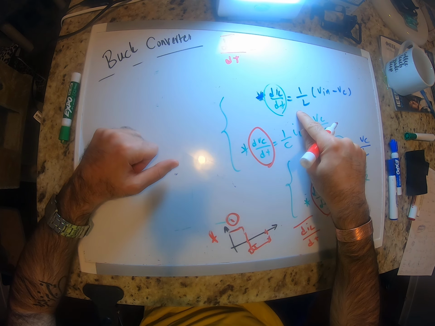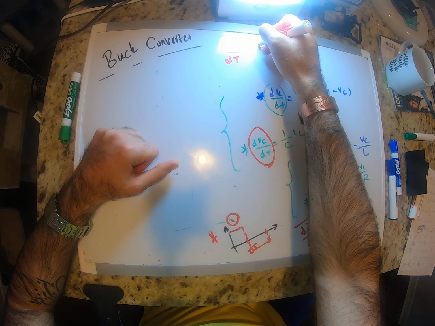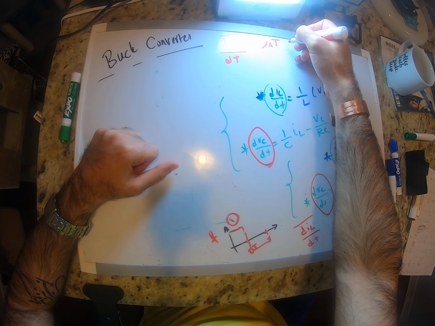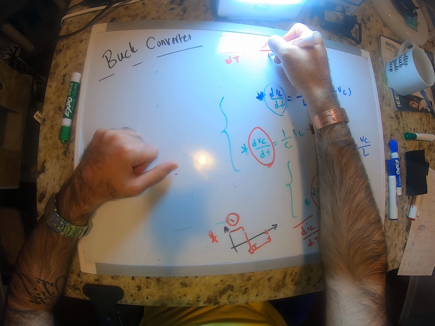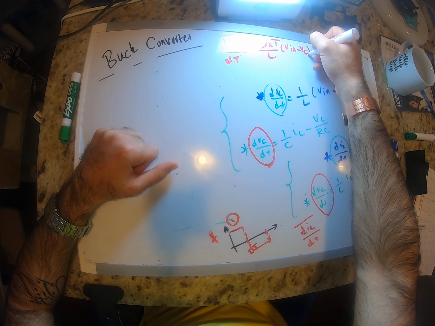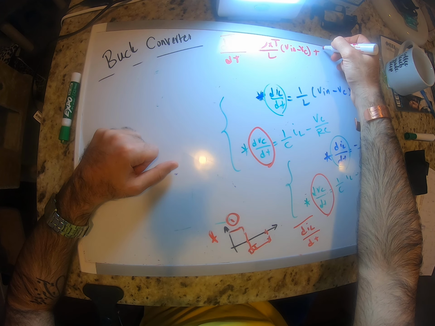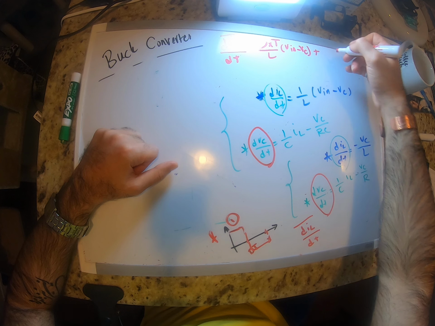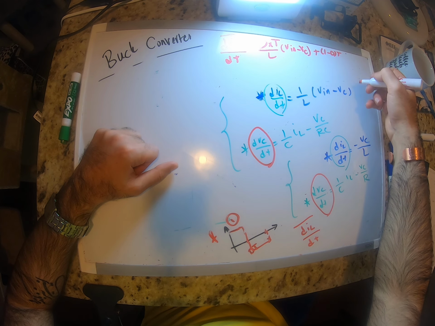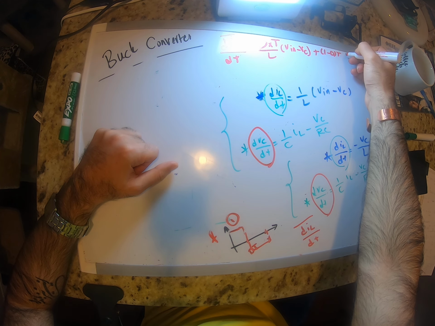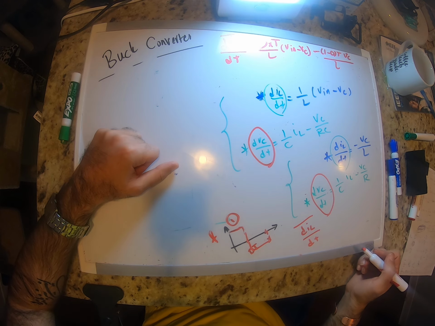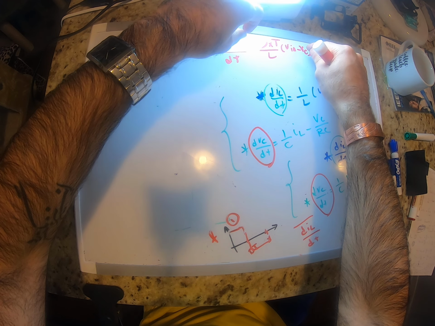It's going to be dT multiplied by 1 over L times (Vin minus Vc) plus (1 minus d)T times negative Vc over L. Remember that this is the area.